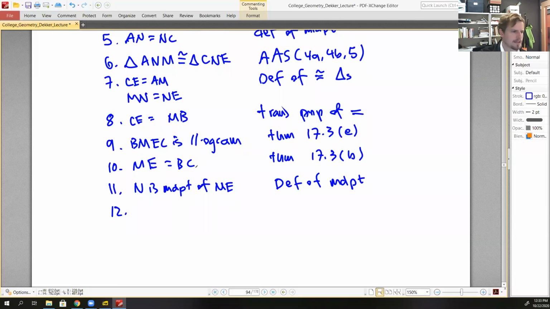And then the next step is to recognize that MN is 1/2 of that. And that's again by the definition of midpoint.